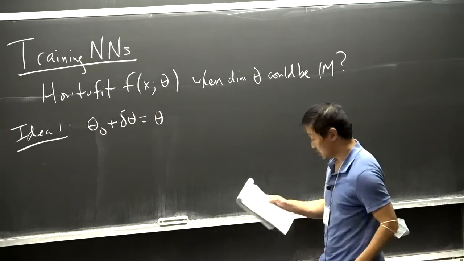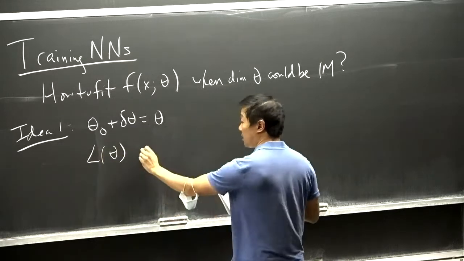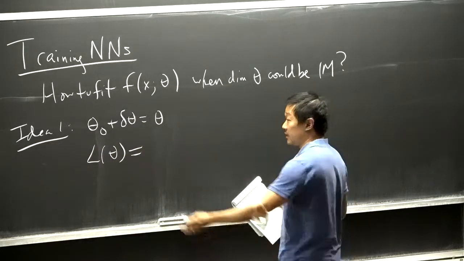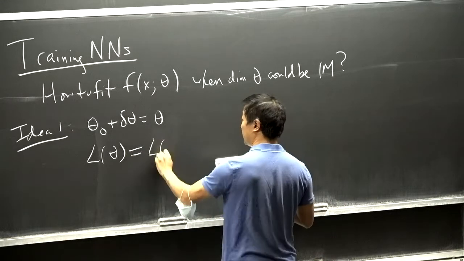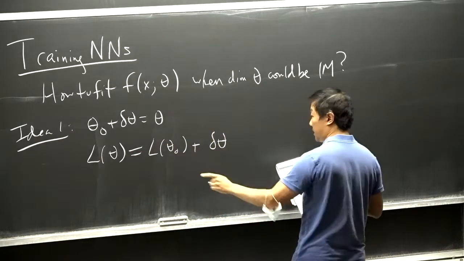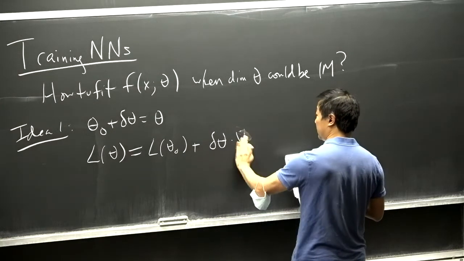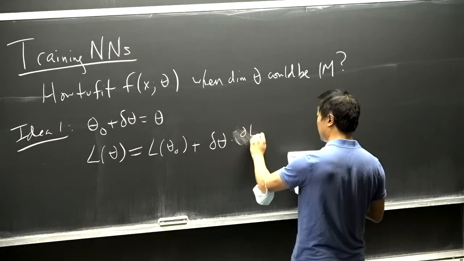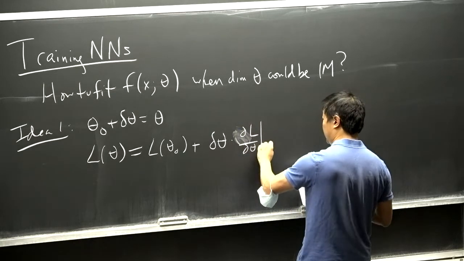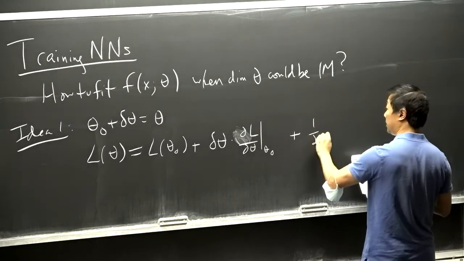Our loss function is a function of theta. Let's expand around our initial guess. We're going to get a constant term, then a linear term, and then a second order term.